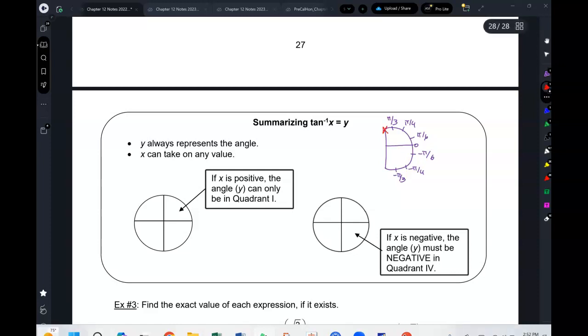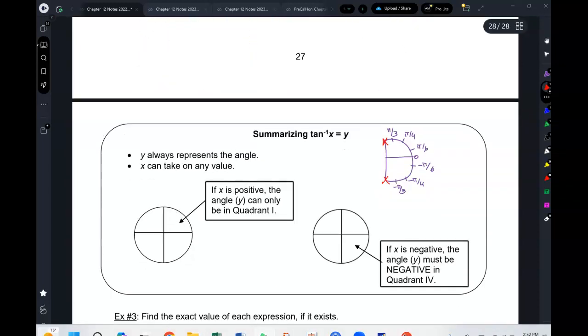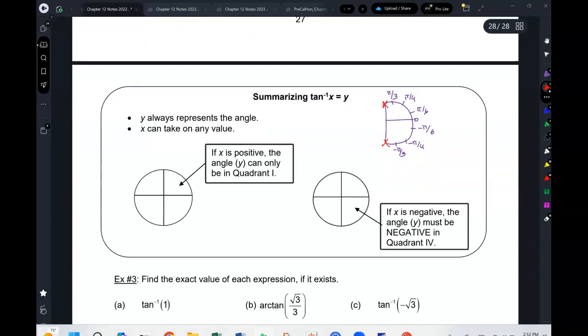So tangent doesn't include the pi over 2 and the negative pi over 2, because tangent has vertical asymptotes there. It's undefined at those points, right? And tangent of pi over 2 is undefined, so we can't use those, the red ones. So for tangent, you even have a greater chance. If you just throw out one of these 7 angles, you have a 1 in 7 chance to get it right.